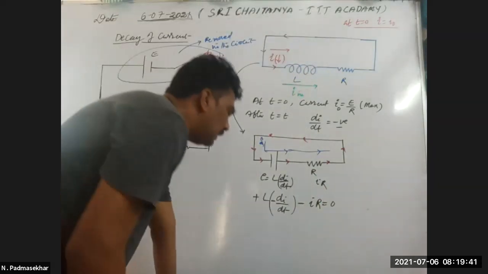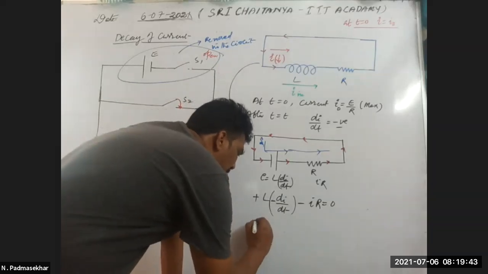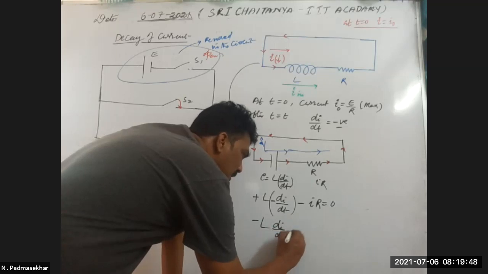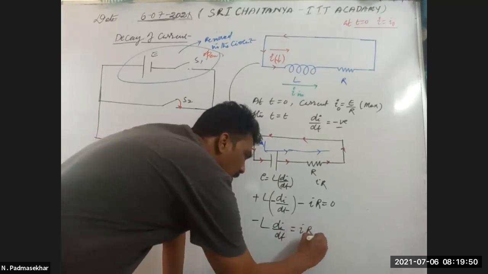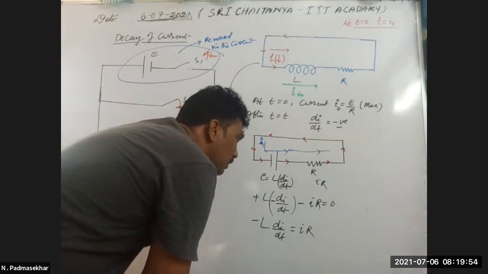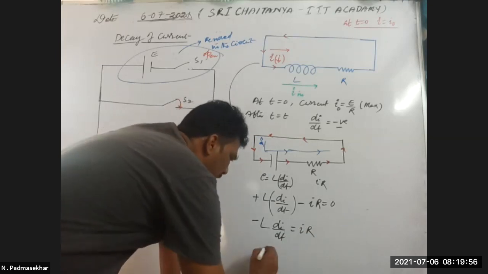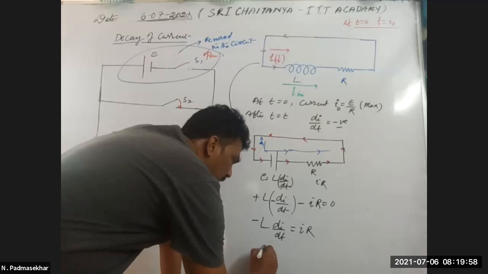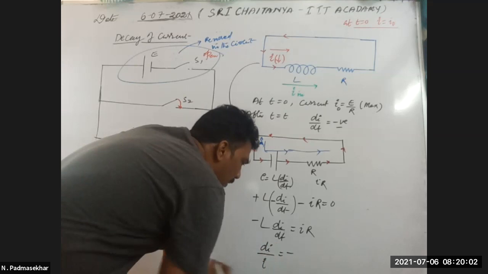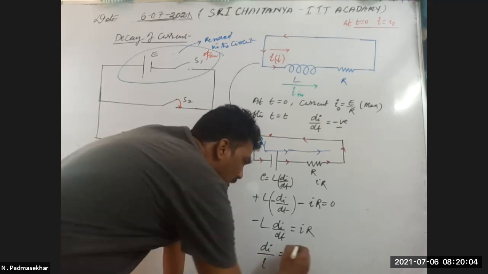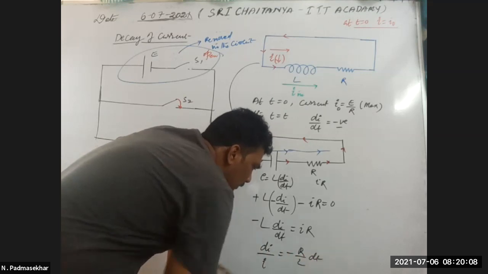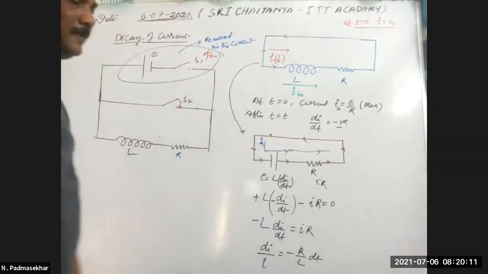So now see that minus L di by dt is equal to IR. Here, di by I is equal to minus R by L into dt.